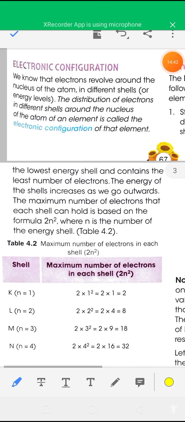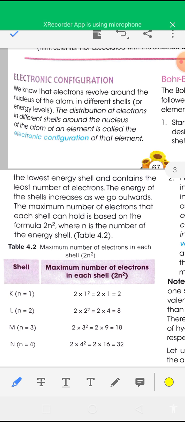Now see electronic configuration. What is electronic configuration? Electronic configuration is the arrangement of electrons in different circular paths of an atom, in different energy levels or different shells of an atom.